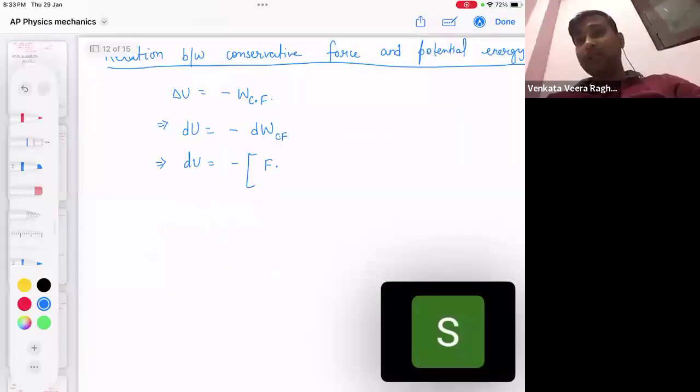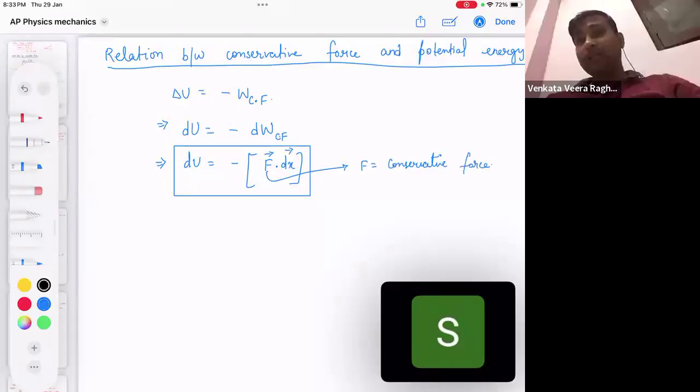So dU equals minus F dot dx. But please keep in mind what this F is. This F is a conservative force. So can I write one more thing?